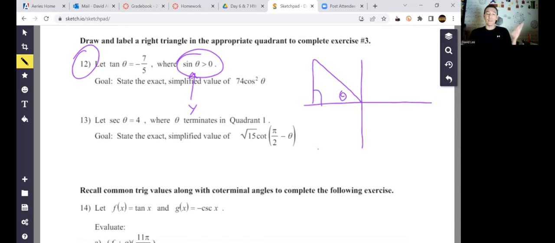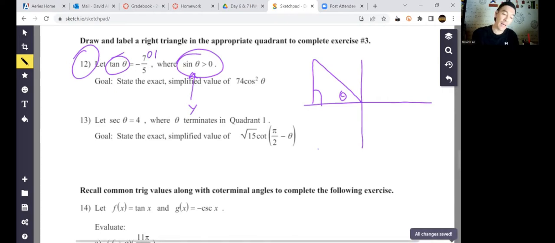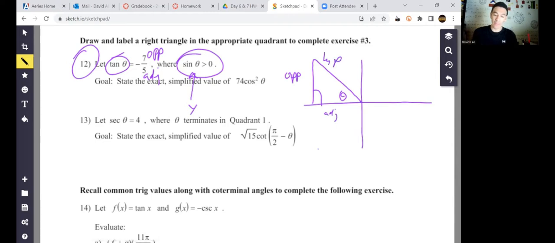Let's label these sides of this triangle. So recall that tangent is SOHCAHTOA, opposite over adjacent. So this is opposite, and this would be the adjacent. We know that the opposite side is going to be 7, and we know that the adjacent is going to be 5.